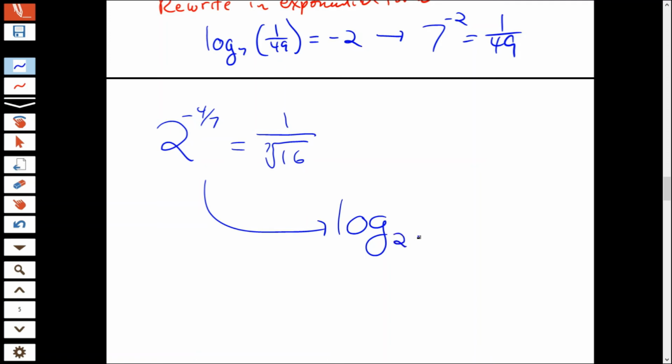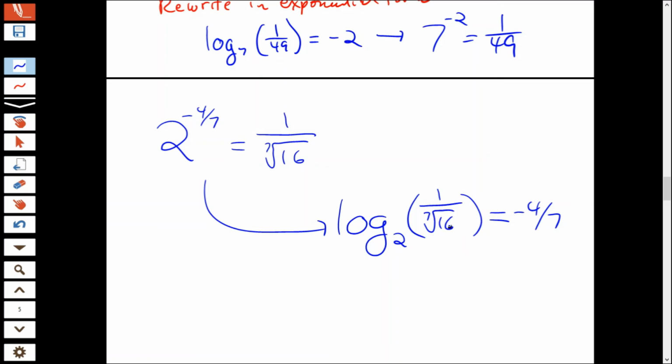Good, that's 2. What is the whole log going to be equal to, right? Log base 2 of something equals what? What does that log spit out over here? Good. Negative 4/7, the exponent. The exponent is what the log equals. And then, of course, in the last spot inside is 1 over the 7th root of 16. Good.